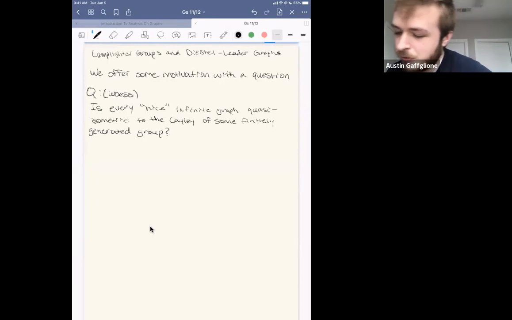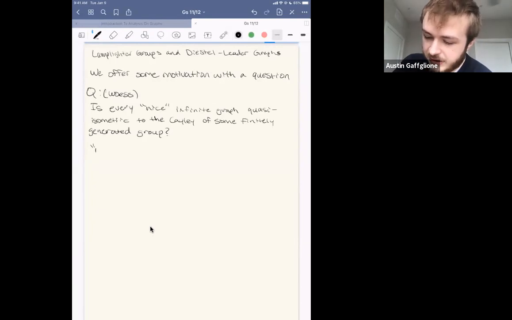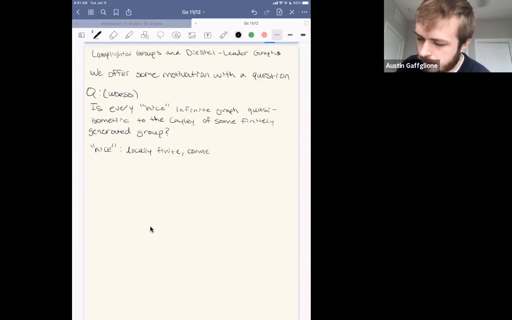When you look at this question at first glance, there's a lot to unpack, so I'll justify it. By nice, it's a technical term. It actually involves three terms. Nice means locally finite, connected, and vertex transitive.